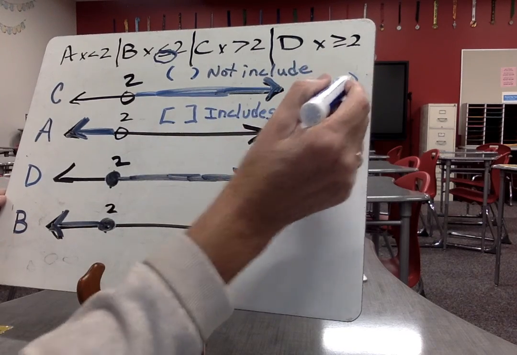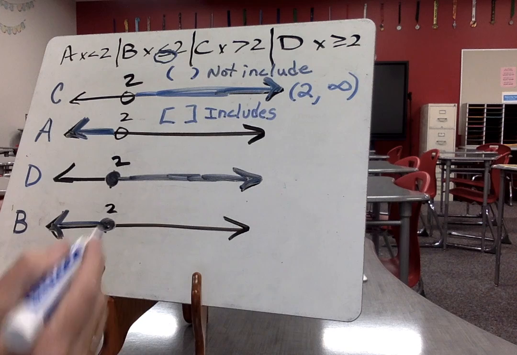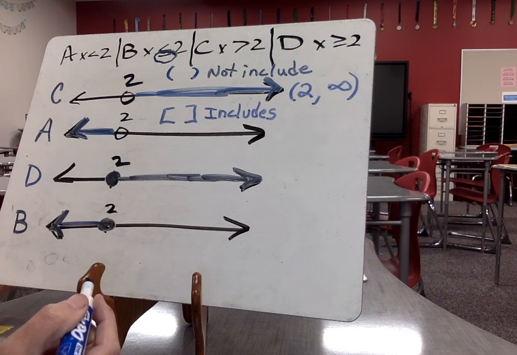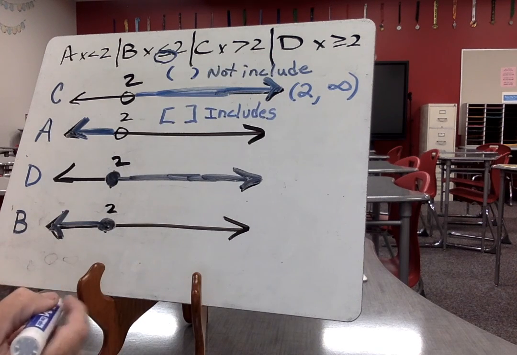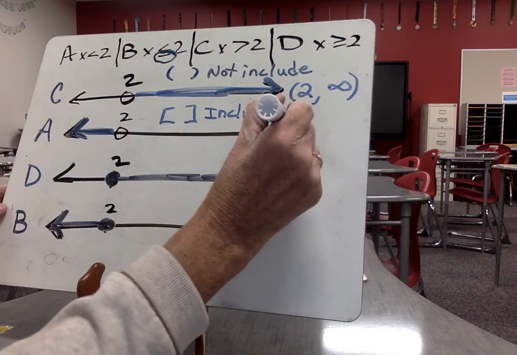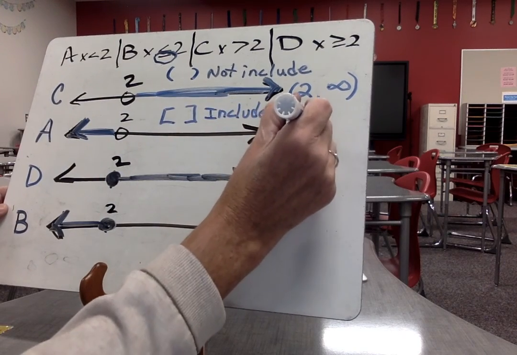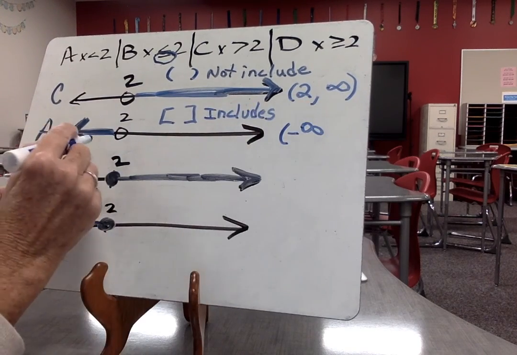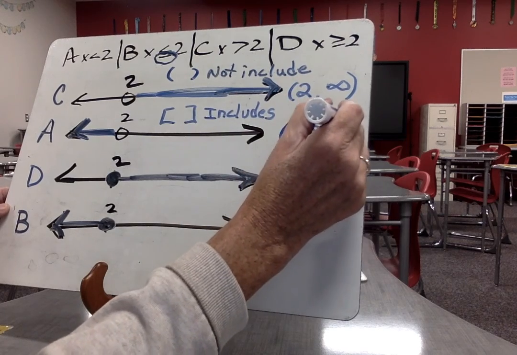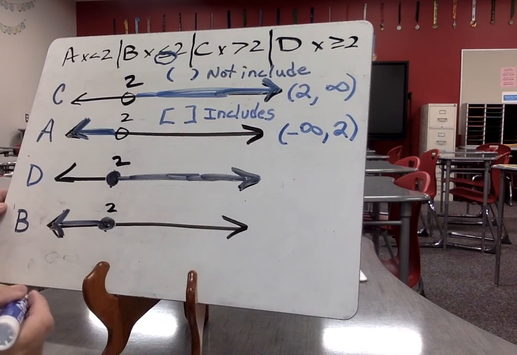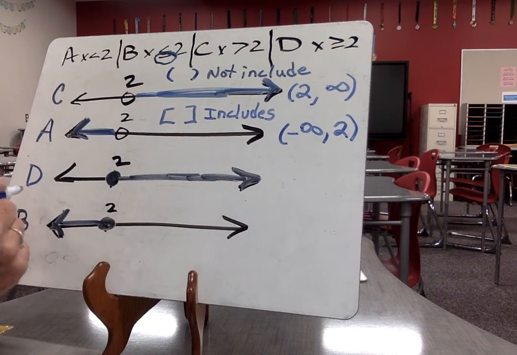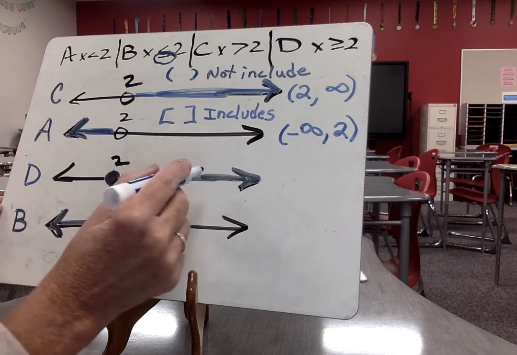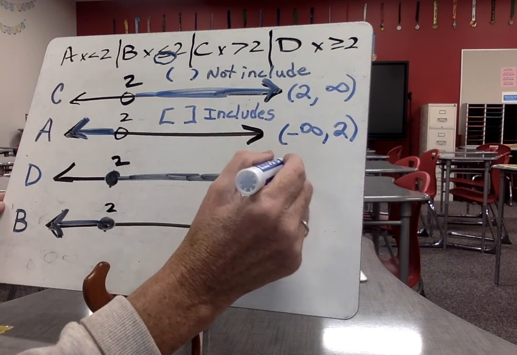Now, for some reason, they don't include infinity because we don't know where infinity is, and it goes on forever. Part A goes from negative infinity, and it does not include 2. Okay, D includes 2, and it goes forever in the right direction.